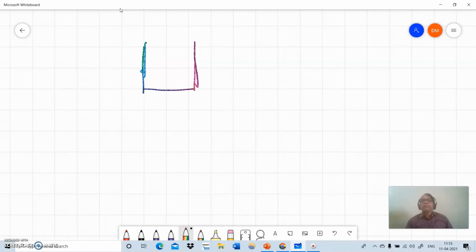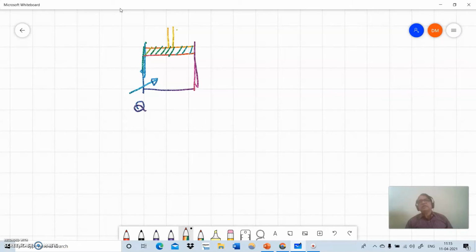This is the piston, so it is entrapped gas. Let us say a Q, heat transfer, is added to this.